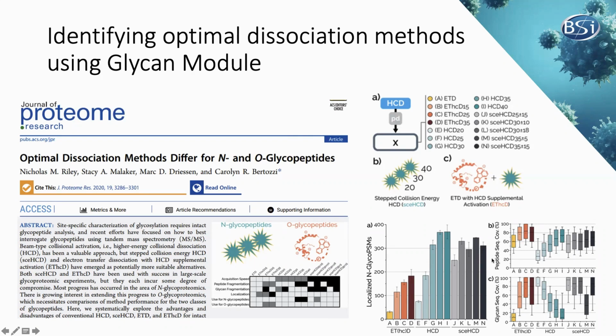However, when you look at the peptide sequence coverage and glycan sequence coverage, this is the percentage of possible fragment ions. In terms of peptide sequence coverage, it's the possible number of peptide backbone fragments for that peptide and the ones that were observed. Same with glycan fragmentation ions.